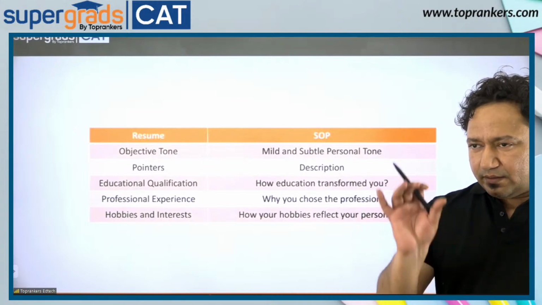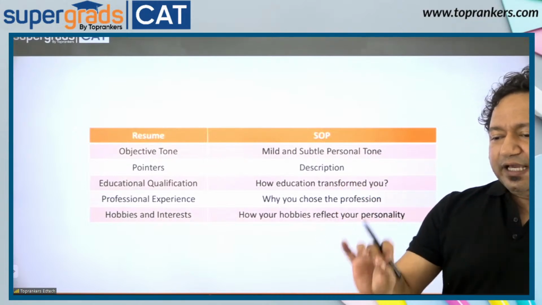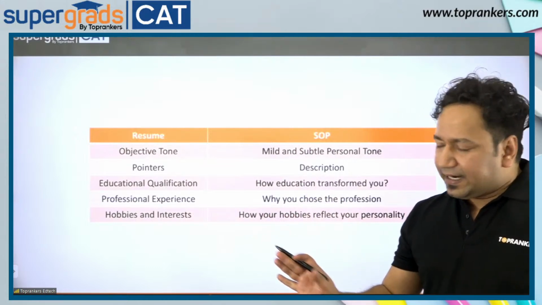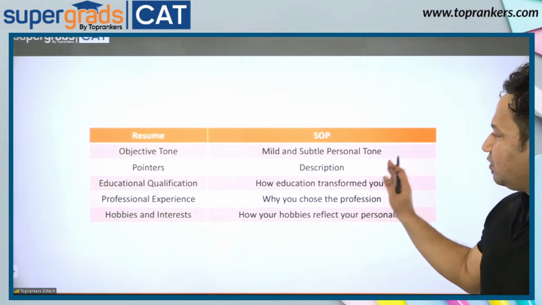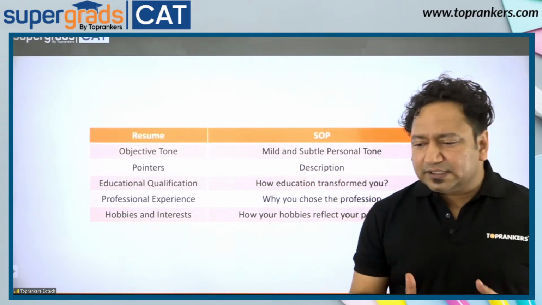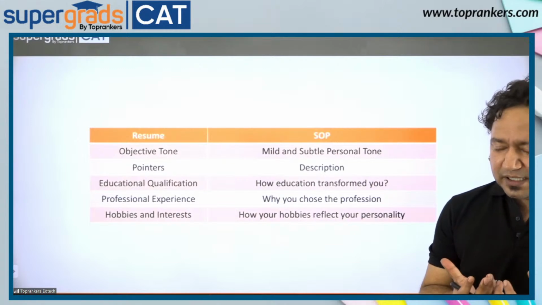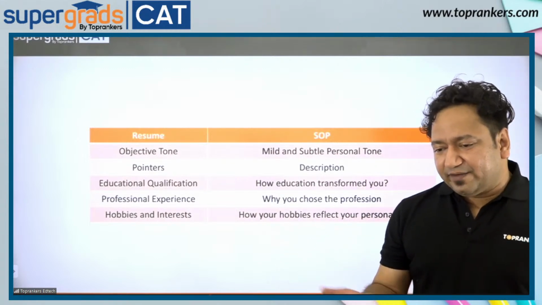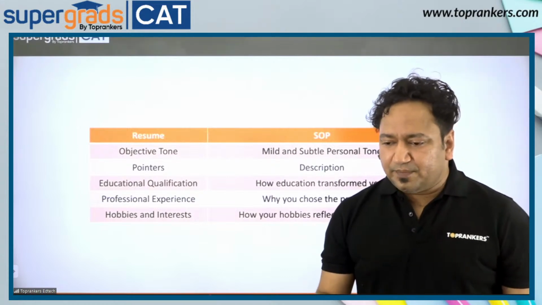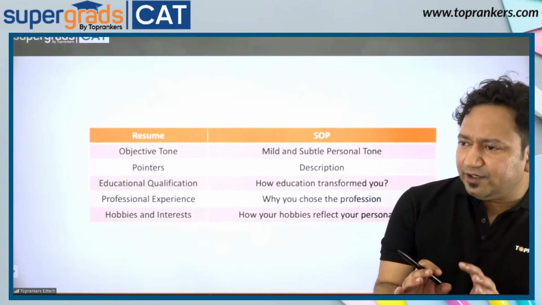Present the facts and figures the way they are. Do not add any kind of opinion. And in an SOP, the tone should be mild and subtly personal. Personal doesn't mean you write, I felt very happy to see my parents one day when I was working somewhere. No, not that. Subtly personal means that this will be kind of a story.